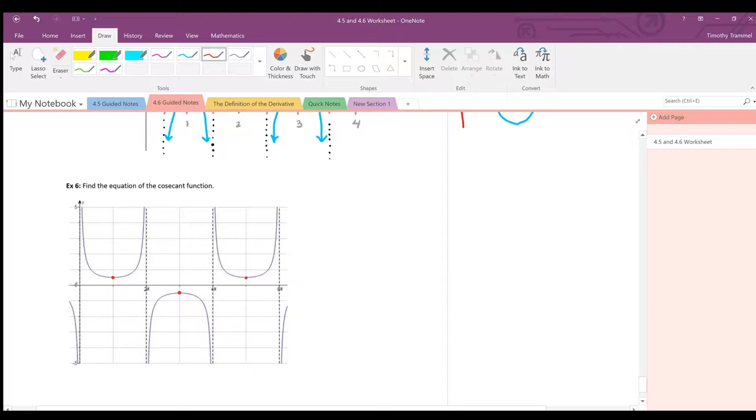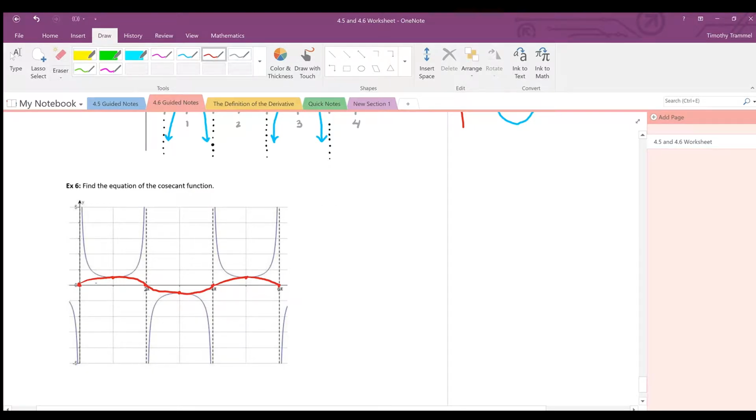So put in some more dots, and we'll connect these. And let's see if we can figure out what the equation for this red line is, and then we know we can come up with the one for cosecant.